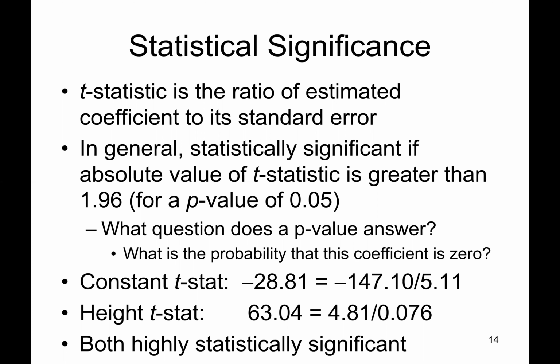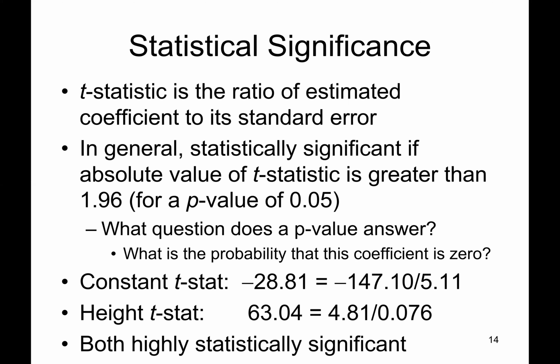Generally speaking, we would identify a coefficient as statistically significant if the absolute value of the t-statistic is greater than 1.96, or about 2. This gets us a p-value of 0.05. Those of you who have taken introductory statistics will recognize p-values.